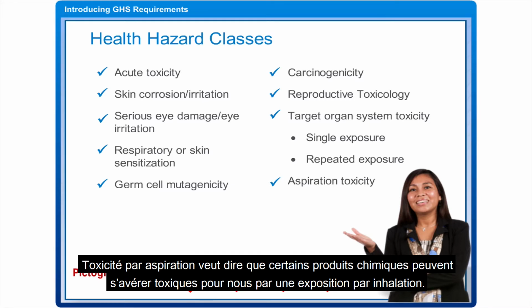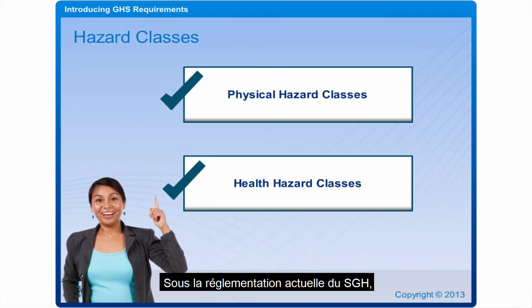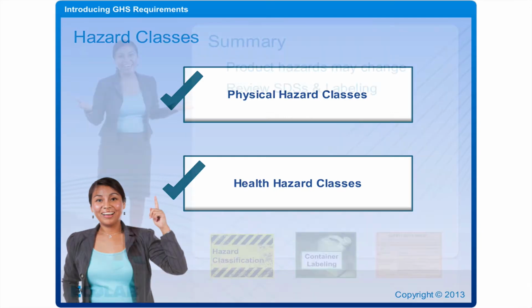Aspiration toxicity is an effect that occurs from entry of a liquid or solid through the oral or nasal cavity into the trachea or lower respiratory system. Under the new GHS regulation, all chemical products must be evaluated for hazards by the manufacturer to ensure they are classified properly.